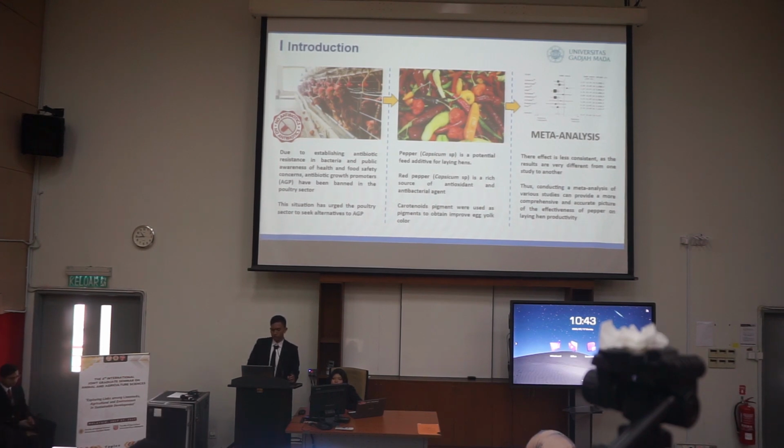And pepper is one potential alternative growth promoter in laying hens because pepper is a rich source of antibacterial compounds and also antioxidants. And pepper is rich in carotenoids that can improve egg yolk color, which is one indicator of egg yolk quality.